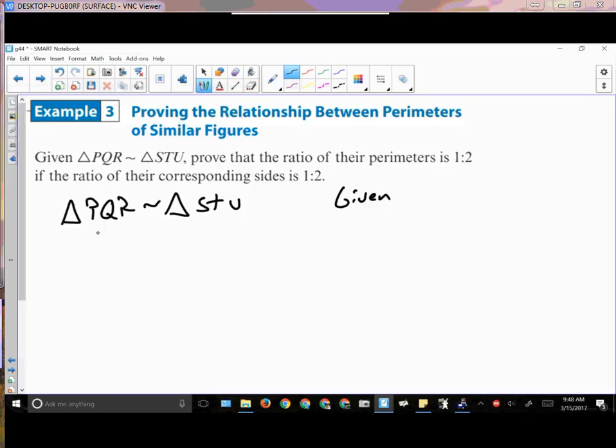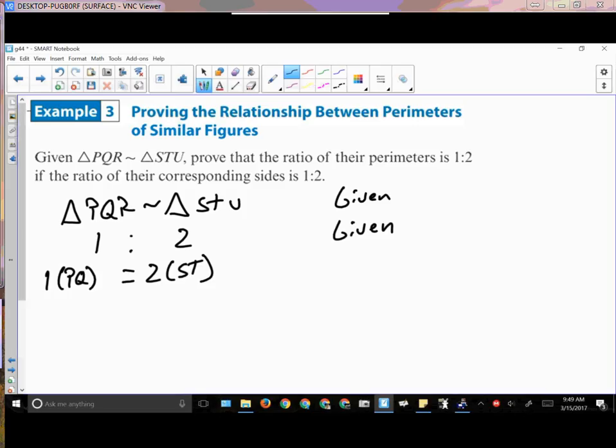We know that the ratio of PQR, which is 1, to STU, which is 2, was also given for their corresponding sides. So, if I use this idea of the corresponding sides, would one of the PQ be equal to 2 of the ST? Should that be true?